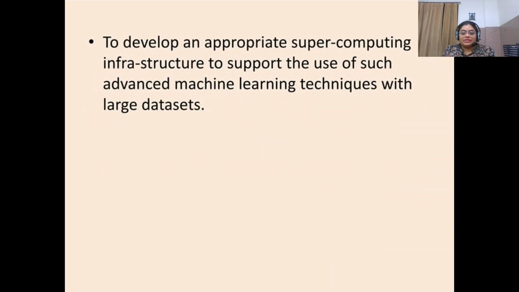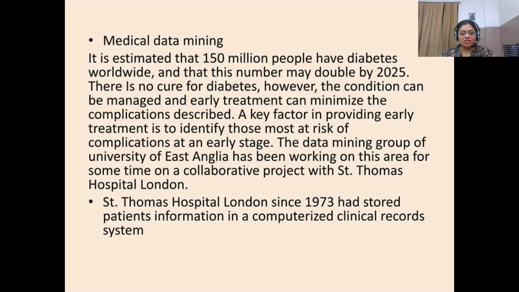And lastly, an appropriate supercomputing infrastructure to support the use of such advanced machine learning techniques with large data sets. So, these are the objectives of that research.